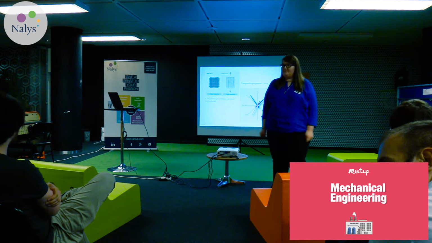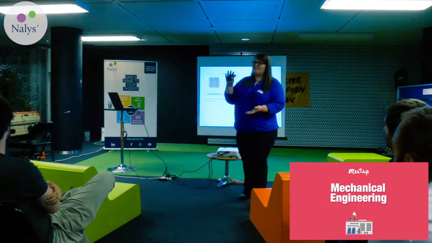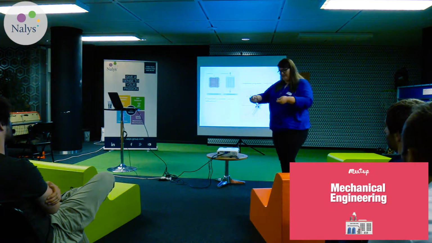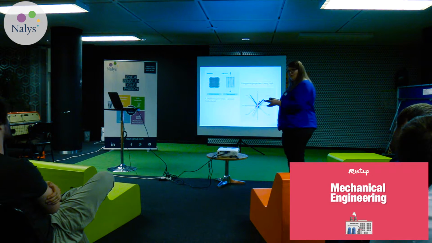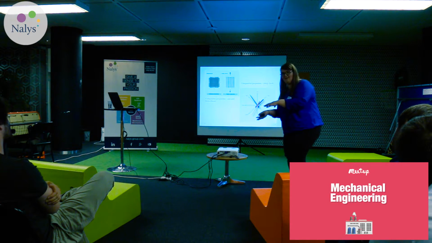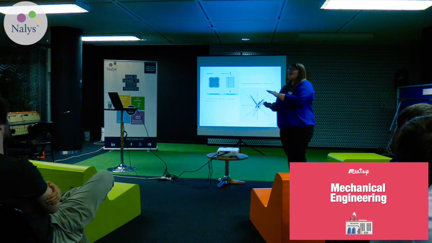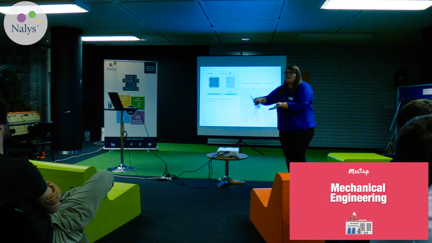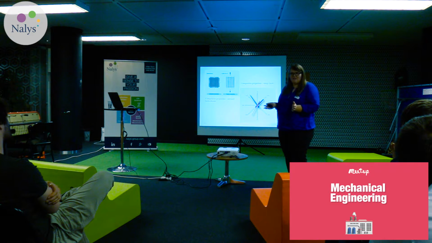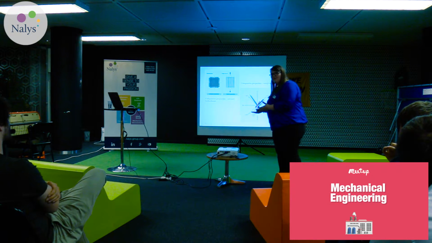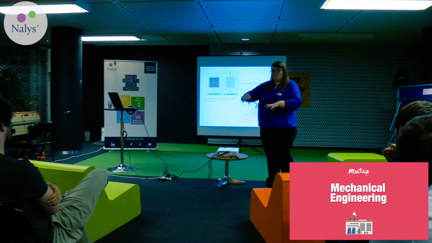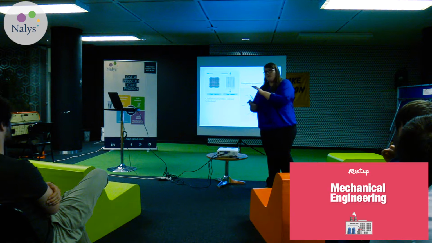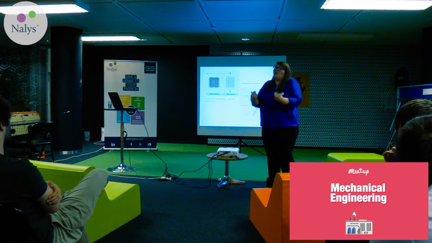Curing is when you have the material, the fibers and the matrix, the resin, and then you have to do something with it, because if you just put some resin there, it will not stick together. So you have to cure it, put it in an oven, and in the oven the resin will flow inside the fibers and make it stick together, and it will become like a plastic.